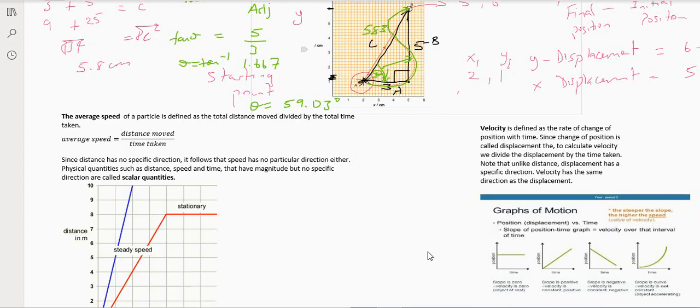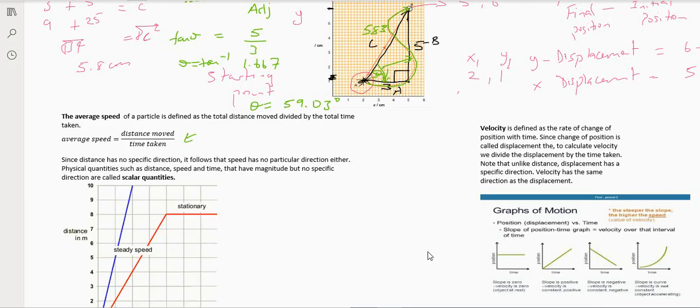But let's see. In order for us to find the average speed, it is defined as the total distance traveled divided by the total time taken. Good. Now this is our equation here, quite a straightforward equation.